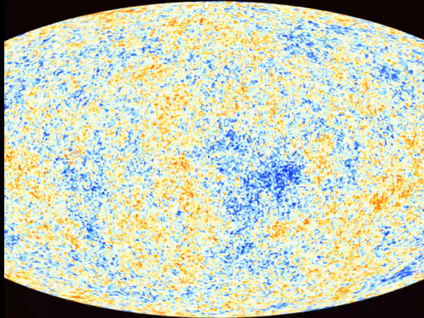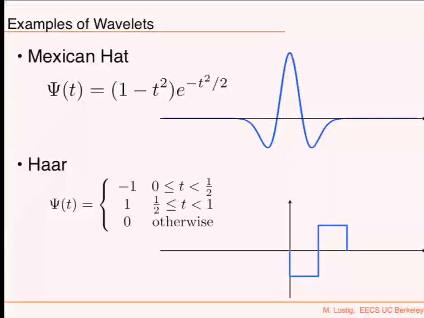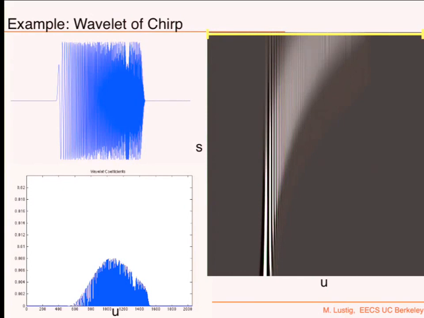So how does a wavelet look? This is a wavelet of a chirp. I think this is a Mexican hat. Okay? This is S. That's scale. And this is U. Time. Or position. Okay? Scale and position. So look what's interesting. Here's what's cool.